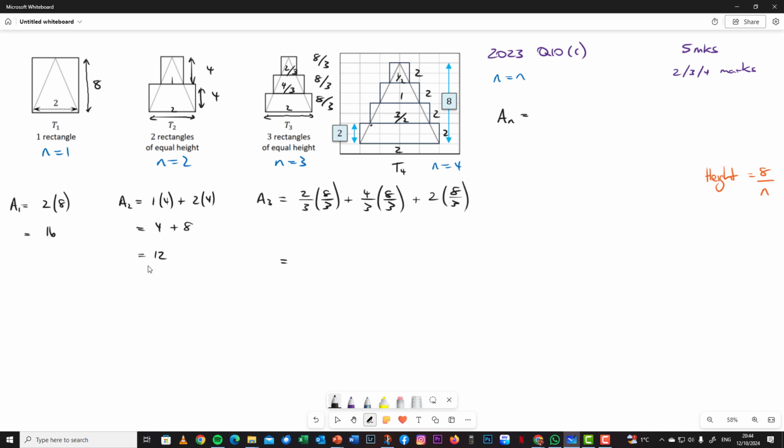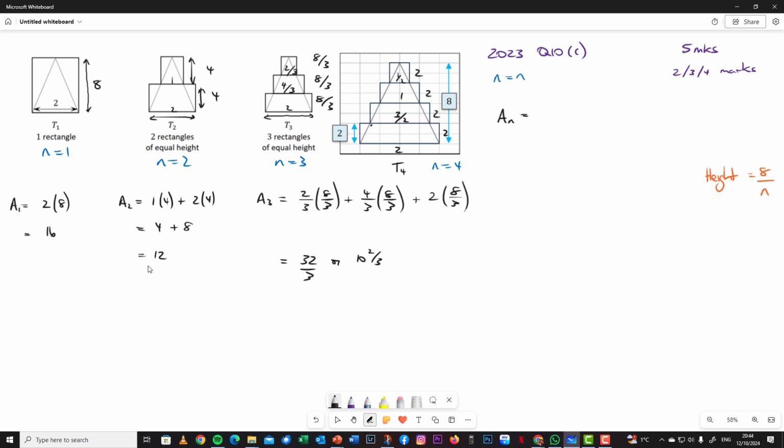And we already know that this is 32 over 3, 32 over 3 is 10 and 2/3. So it's not linear. This one dropped by an area of 4, and this is only dropped by an area of 1 1/3. So the areas don't form a linear sequence. But interestingly, we will actually be using linear or arithmetic sequences in some way to do this question.